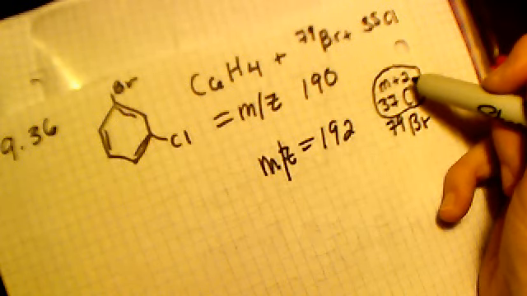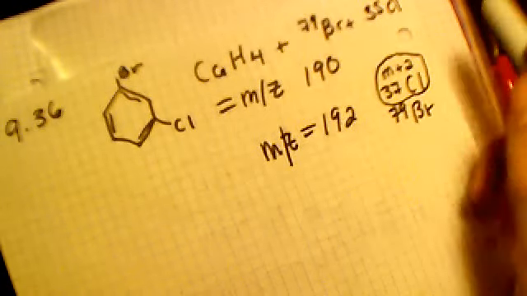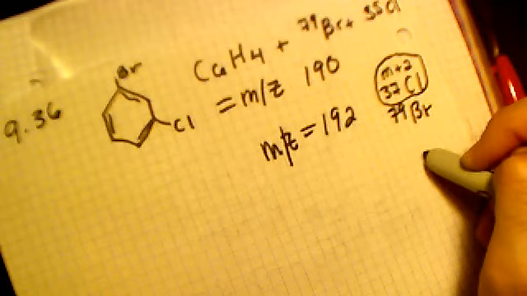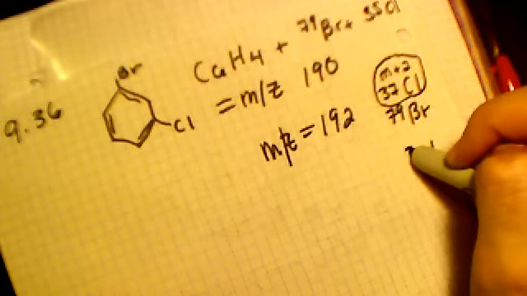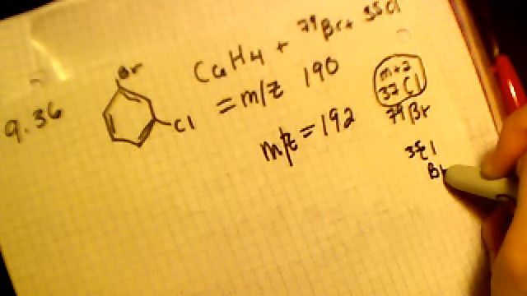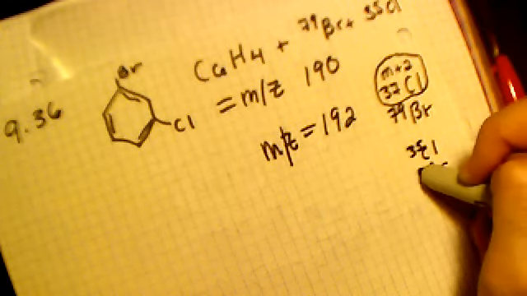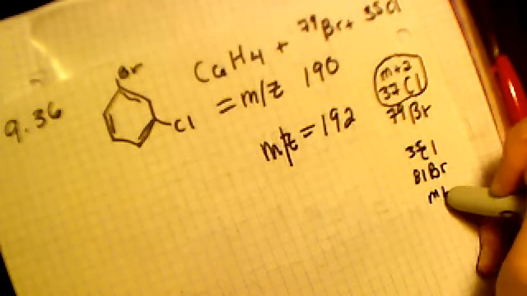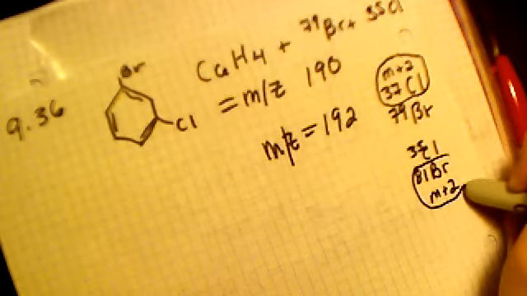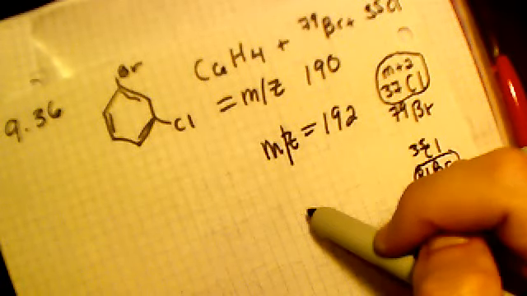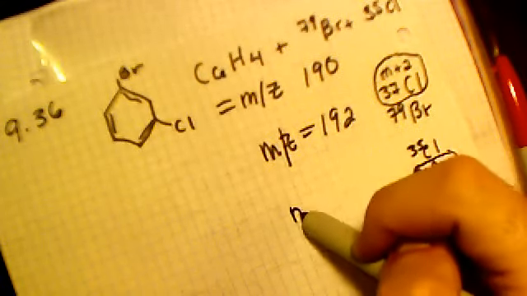And then for the other isotope, let's say that we have Cl35 and Br81. Okay, this is the M plus 2 isotope for bromine that we're dealing with. Obviously, the M/Z is also going to be 192.